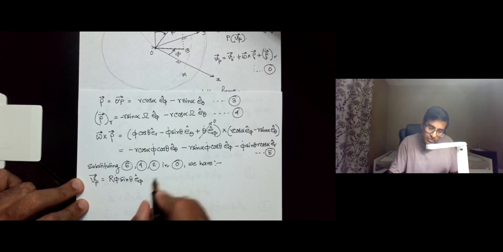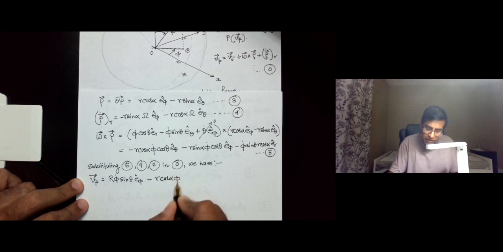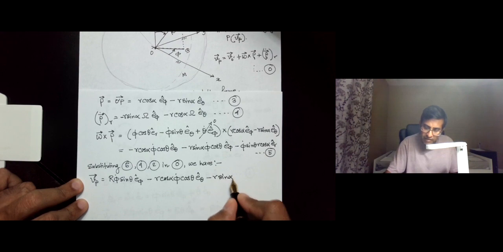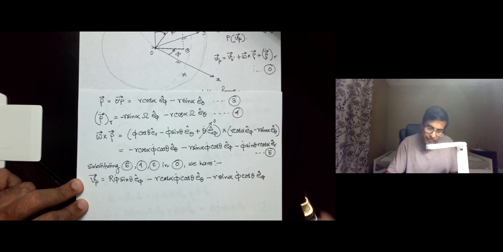Then let us substitute the expression for omega cross rho, so we have minus R cosine alpha phi dot, and this is small r, keep in mind, cosine theta e theta, minus small r sine alpha phi dot cosine theta e phi, minus, keeping the same format, r cosine alpha phi dot sine theta e r.